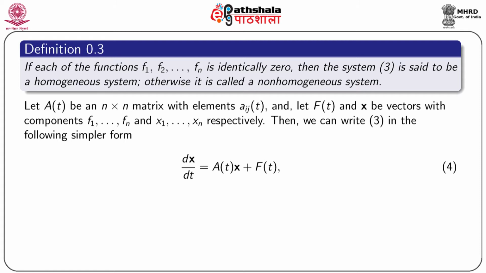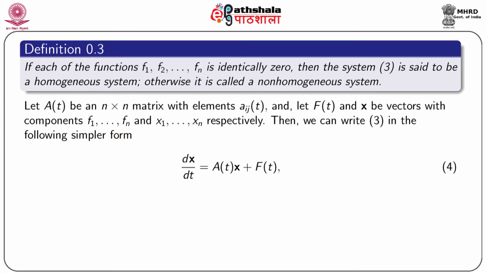Let capital A be an n cross n matrix with elements aij, which are functions of t, and let f(t) and x be vectors with components f1, f2, ..., fn and x1, x2, ..., xn respectively.